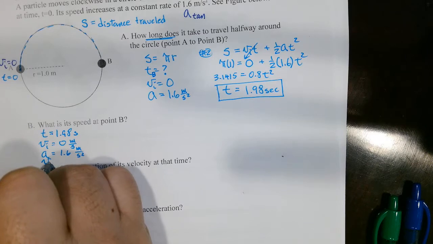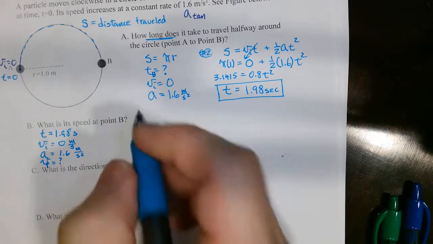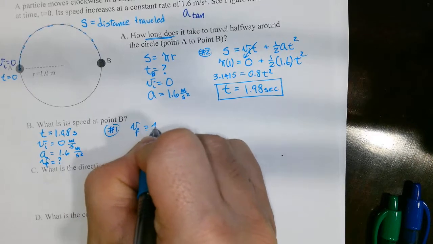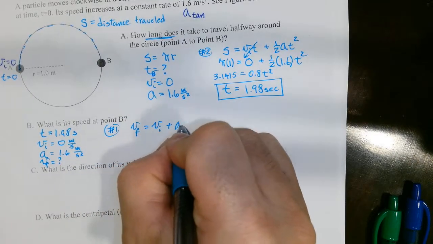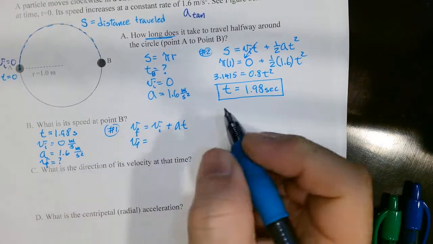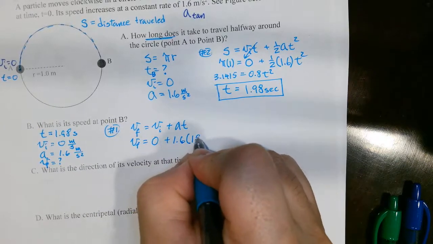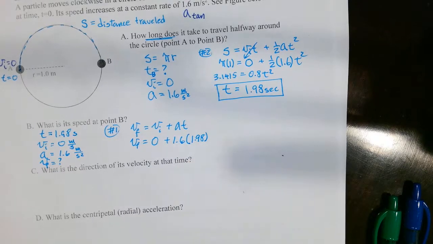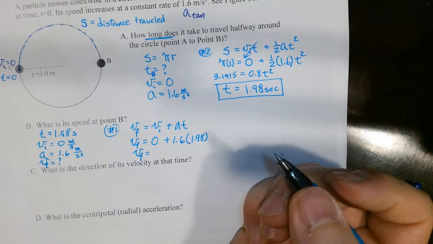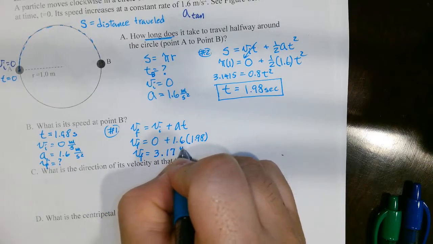We're looking for speed v final at point B. Therefore, we can use equation number 1, which is Vf is equal to Vi plus At. Vi 0 plus 1.6 times 1.98 seconds. So when we solve for Vf, I get something like 3.17 meters per second.